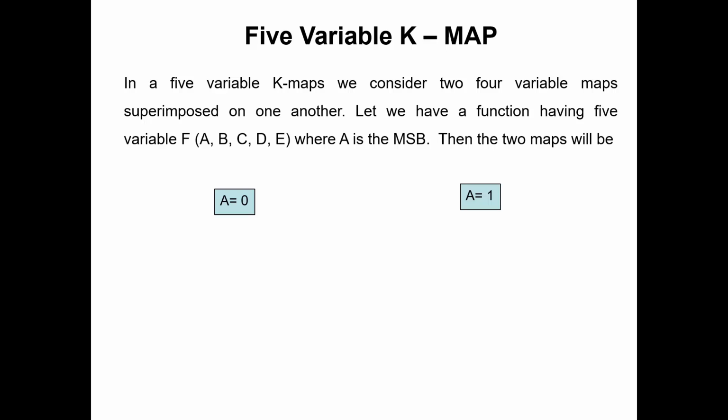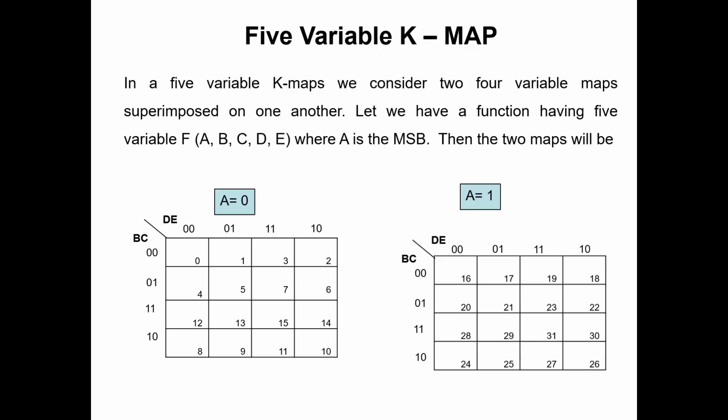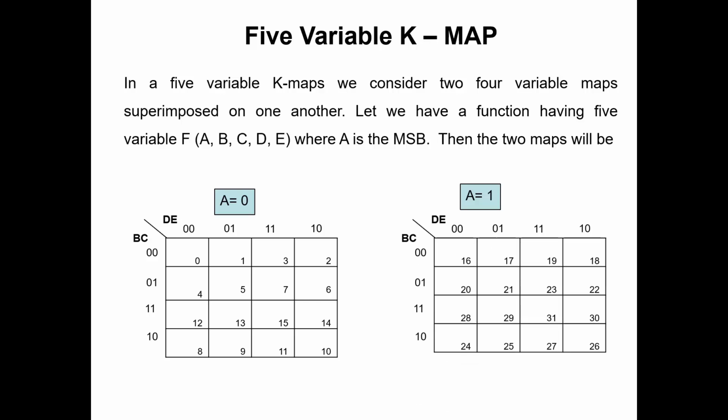Five variable K-maps. In 5 variable K-maps, we consider 2 four-variable maps superimposed on one another. Let's say we have a function having 5 variables A, B, C, D, E, where A is the MSB and E is the LSB. Then we can make two maps by keeping A as 0 and A as 1. This is one map, this is the second map.